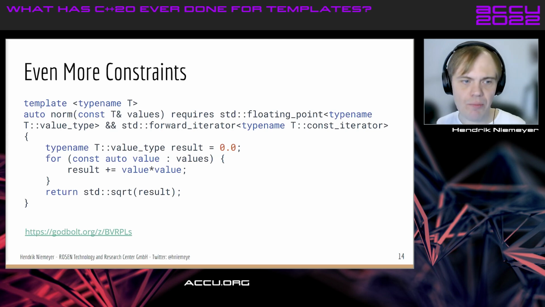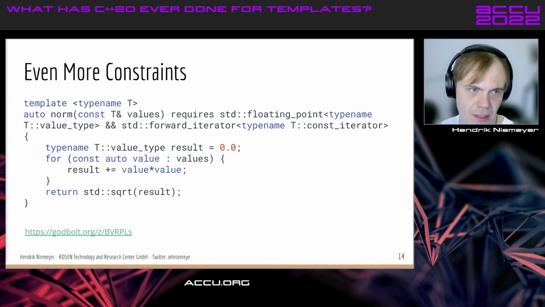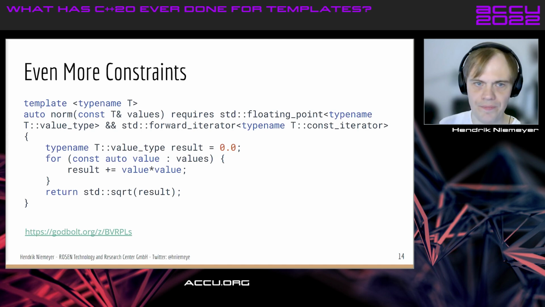But maybe we want to change our norm function a little bit. In the first example we had, it accepted a vector of type T, but maybe we don't want to be limited to a vector. We want to accept some kind of container which contains floats and then calculate the vector norm.